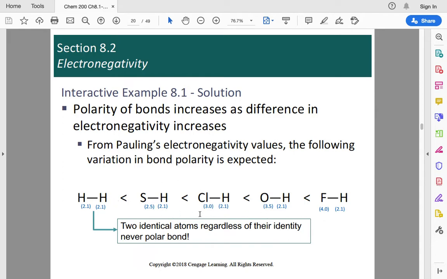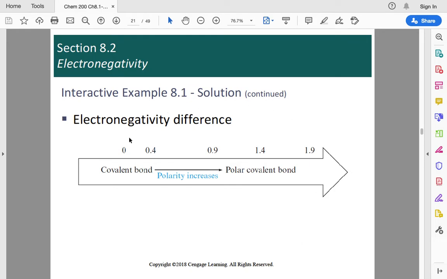After that, we're going to start looking at the general trend as we go across the periodic table. Sulfur, chlorine, oxygen, fluorine. This would be the most polar bond because we have the greatest difference between our electronegativities. So here is just showing the differences on a scale to help with it. Over on this side, 0 to 0.4-ish, we consider this non-polar covalent.